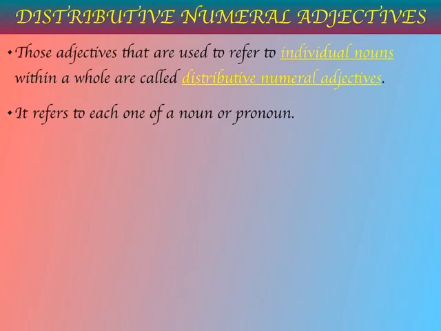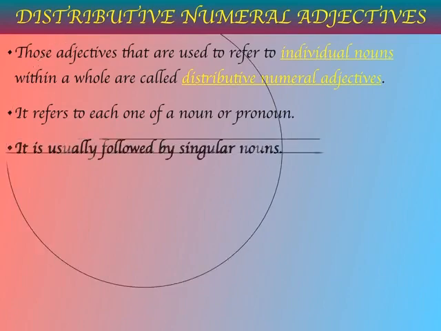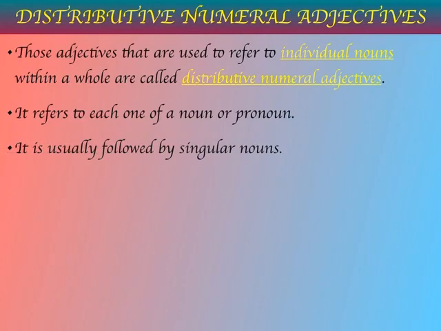Distributive numeral adjectives refer to each member of the group, and are usually followed by singular nouns. So, these adjectives normally refer to a singular person, but they are usually talking about the whole group.